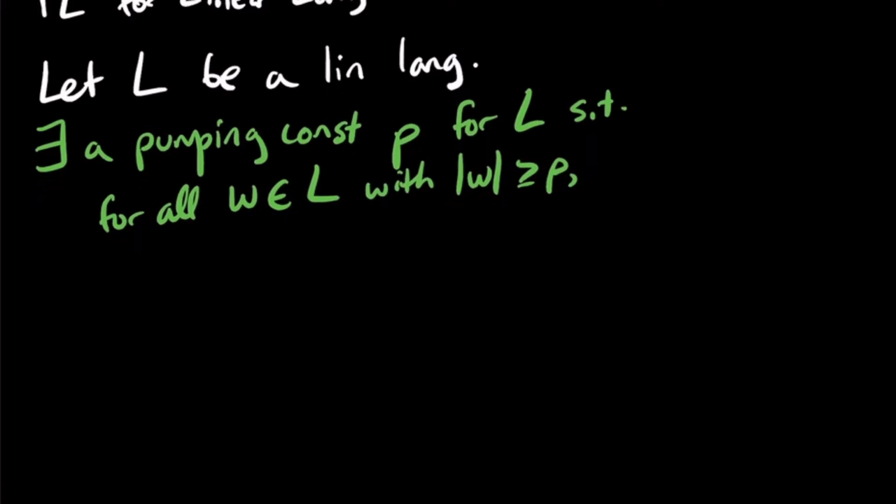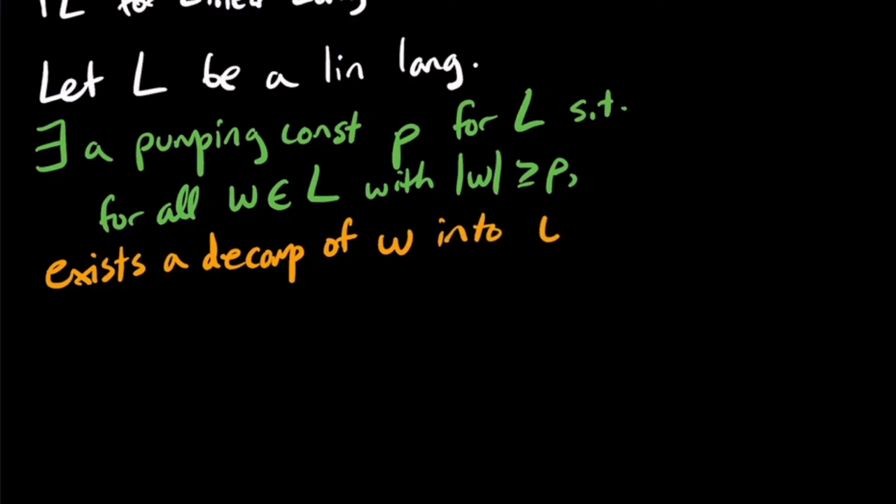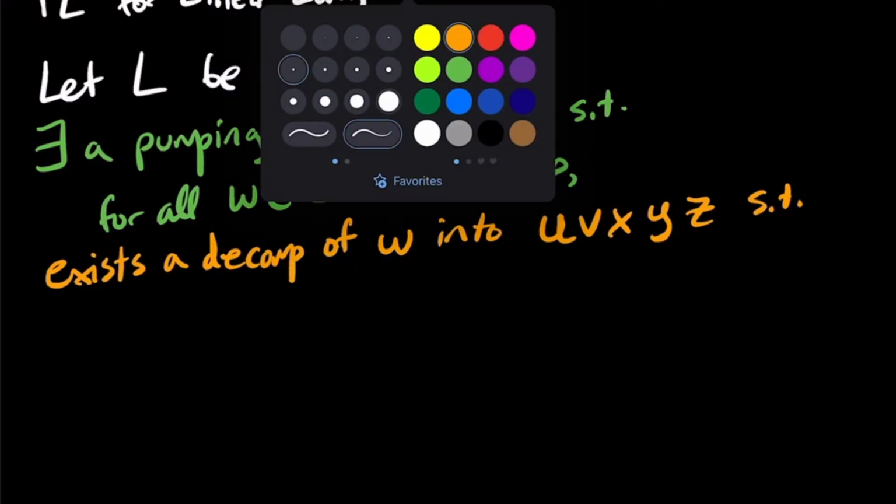Then what can we do? So then there exists a decomposition of w into u, v, x, y, and z, such that we have only several conditions. So we have 3 conditions.